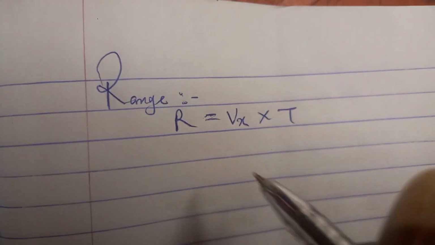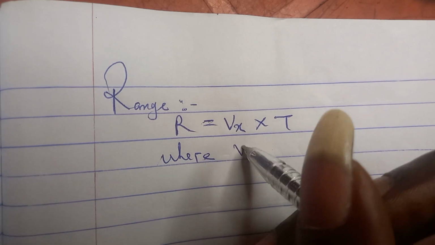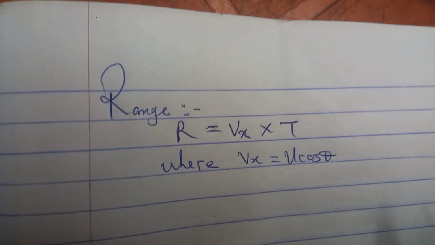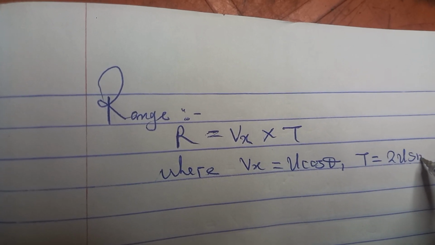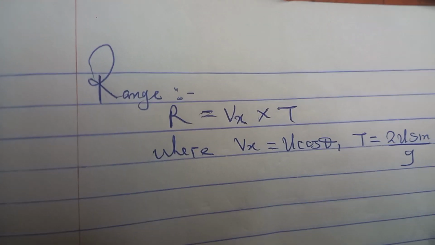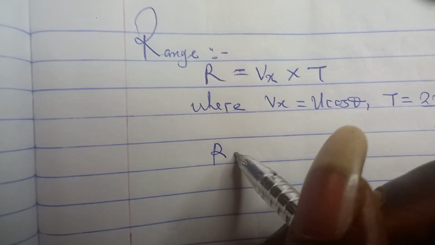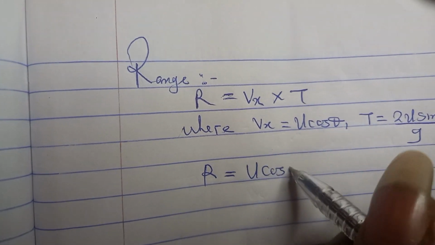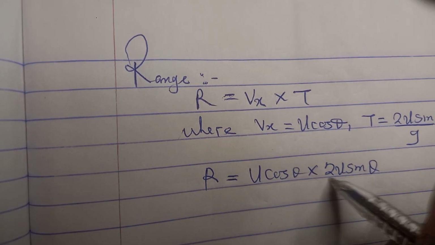So from there we know that vx is equal to u cos theta and t is equal to 2u sin theta over g. So we can find the equation by saying range is equal to u cos theta times 2u sin theta over g.